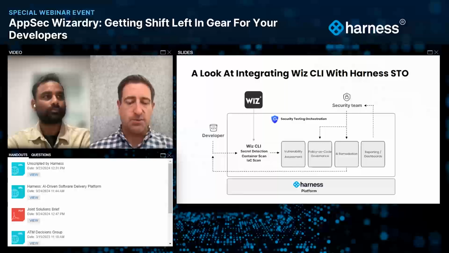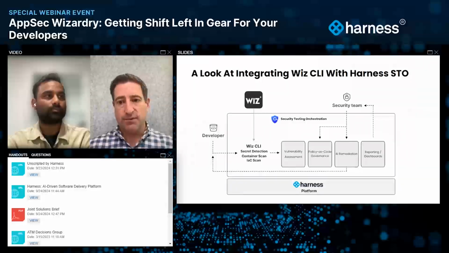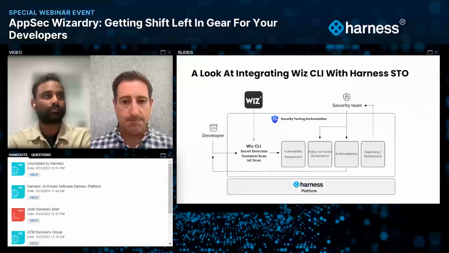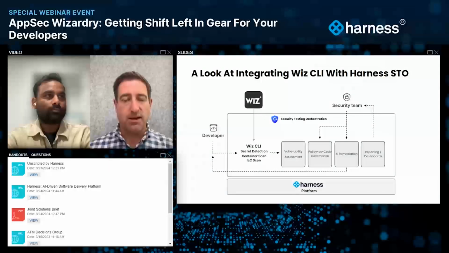A huge part of the advantage of Harness STO is having a single pane of glass where you're looking at the same information across all of these different constituents, and it makes a huge difference, especially when you have workflows that connect your stakeholders. Having a common means of getting things done, while incorporating the scanners of your security team's choice, really comes in big here. So that's our look at how you can orchestrate security tests throughout your pipeline with Wiz.